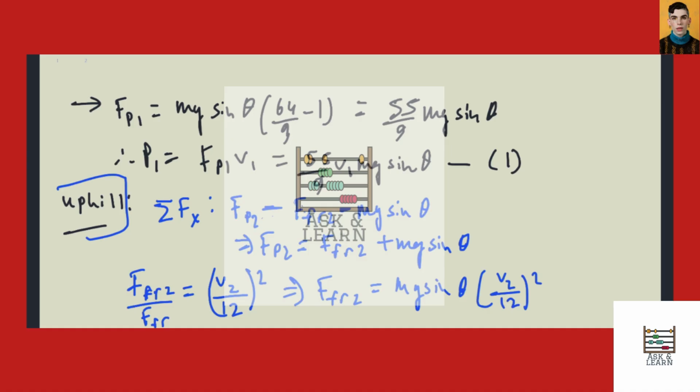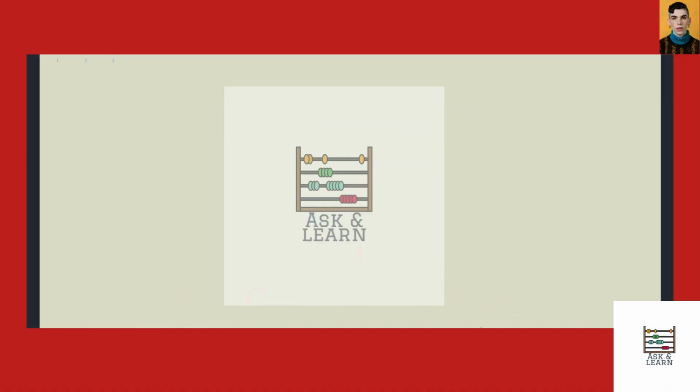All right. And so now we use the fact that power will be the same for both cases. So P1 will be equal to P2. And so P2 is equal to FP2 V2, which is equal to P1.